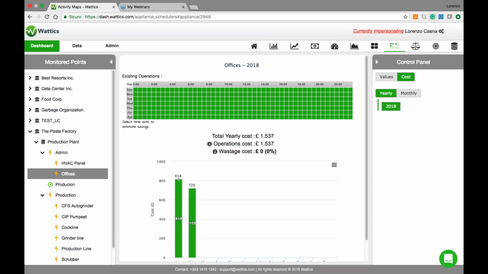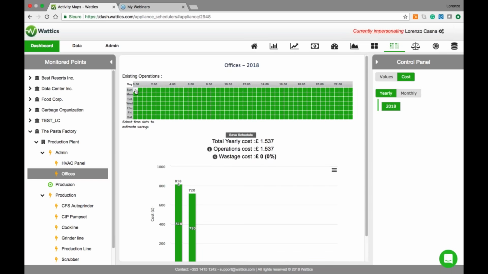Here we have this set of green boxes up here. Every time one of these boxes is green, the related box in the activity map is considered as it is.